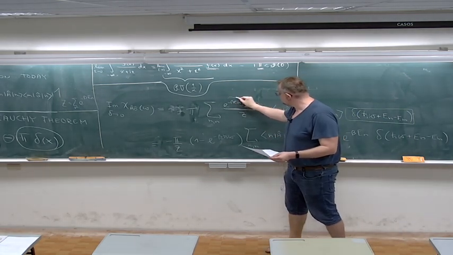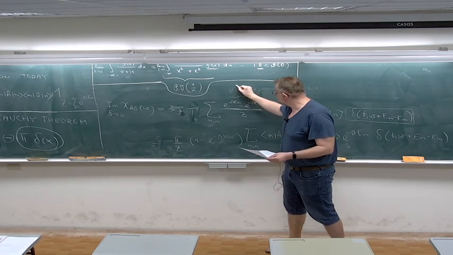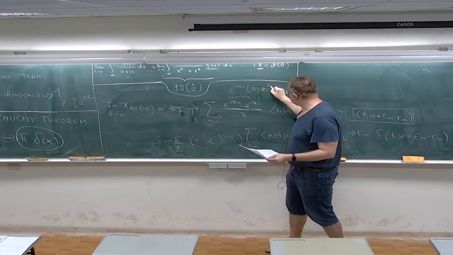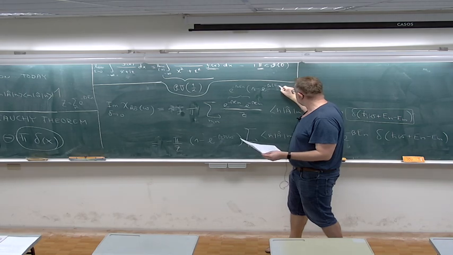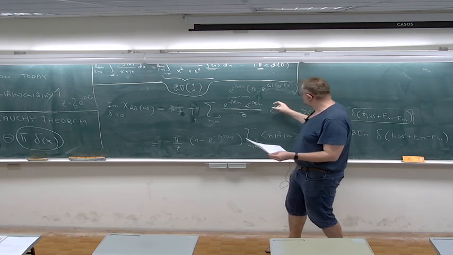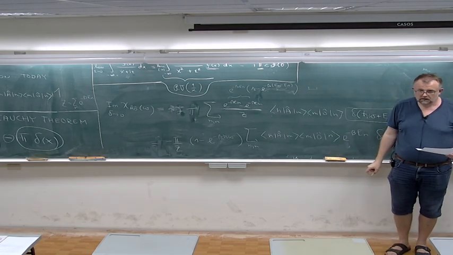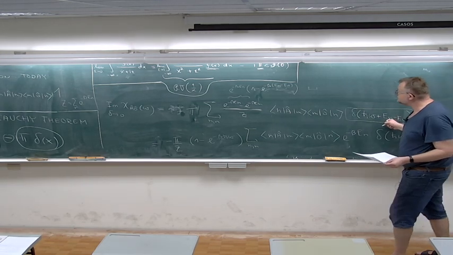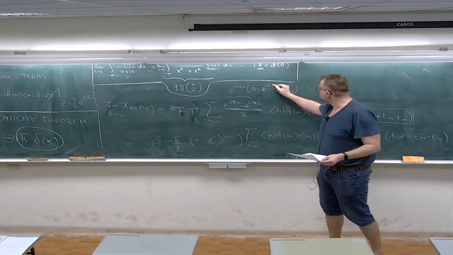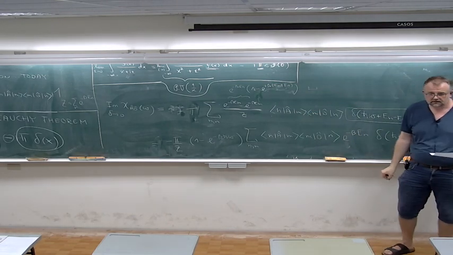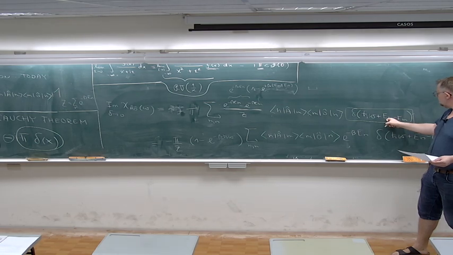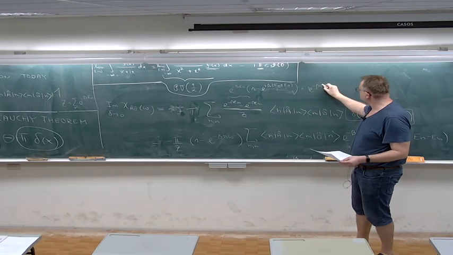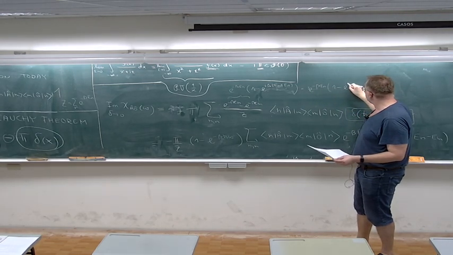From this exponent, I can write this exponent as e to the minus beta E_n, and then I'm writing it as 1 minus e to the minus beta (E_m minus E_n). You see? Yeah, it was just like that. And now I'm using the fact that E_m minus E_n is, or I could put a plus here. I'm getting minus and plus. This is also fine, right? And now I'm using the fact that E_n minus E_m is equal to h bar omega. So the next step is that I'm writing this as e to the minus beta E_n, and I'm writing this as e to the beta h bar omega.